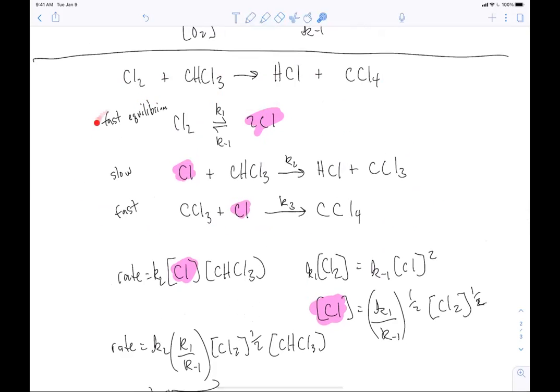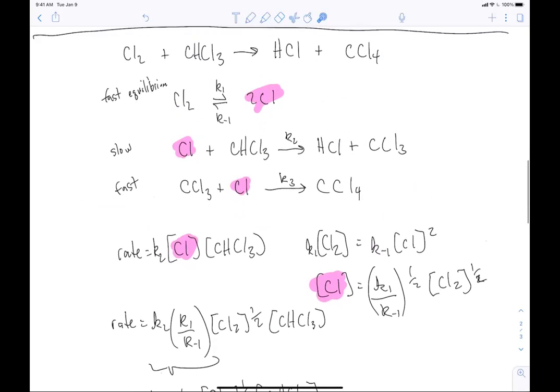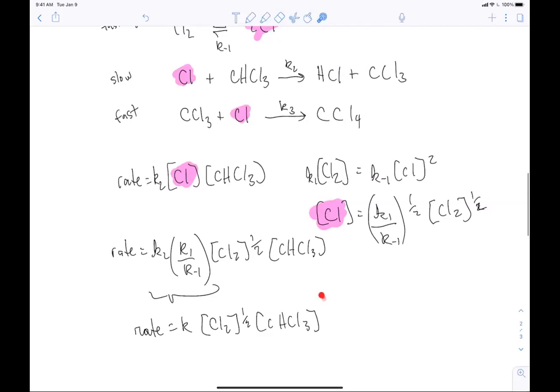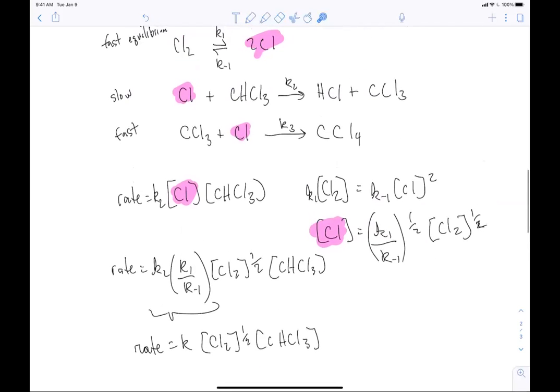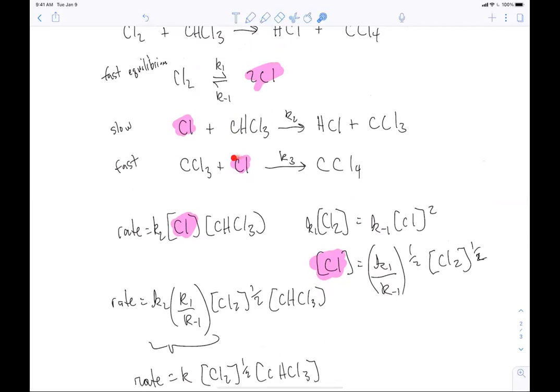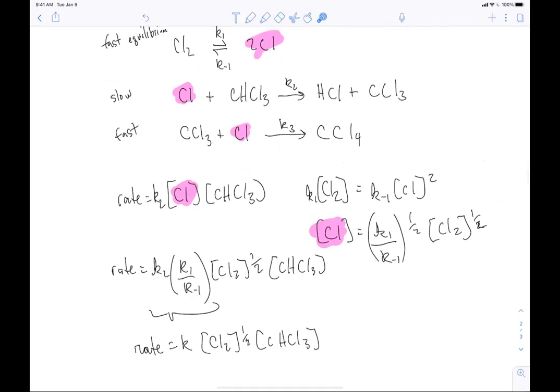Then you could test this by experimentally determining what the rate law is, and compare the experimentally determined rate law to the rate law that we derive from the mechanism. So the reason the intermediate can't be in the final rate law is that I have no way to experimentally access that.